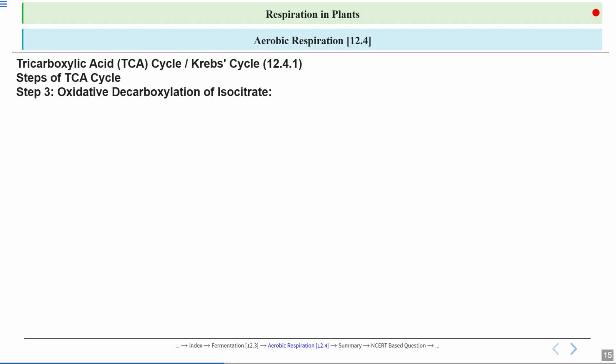Now let's look at step 3, which is oxidative decarboxylation of isocitrate. So in this reaction, isocitrate is converted to alpha ketoglutarate with the release of carbon dioxide and production of NADH.